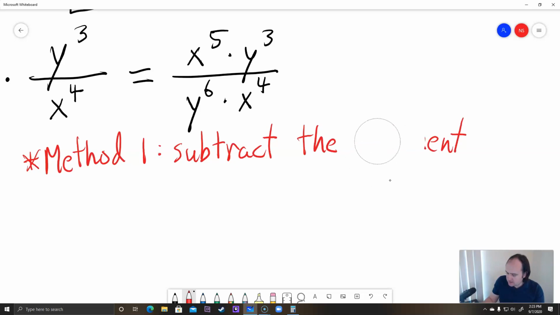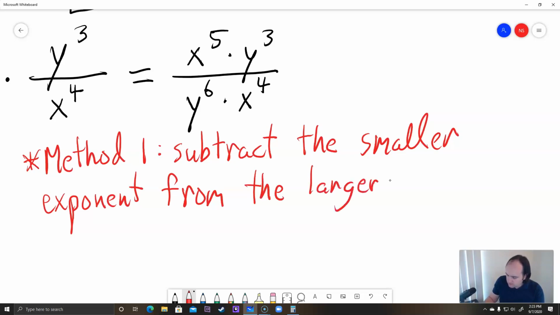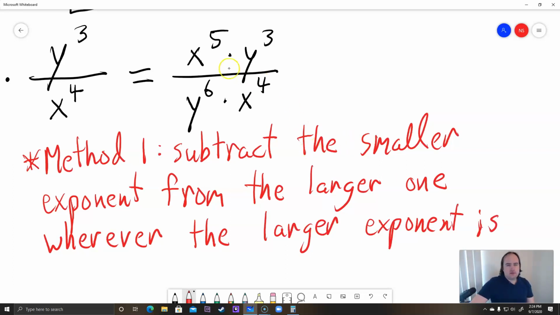Let me be a little more specific: subtract the smaller exponent from the larger one, wherever the larger exponent is. So you look for wherever the larger exponent is, and you subtract.